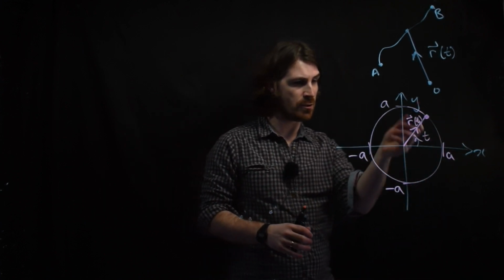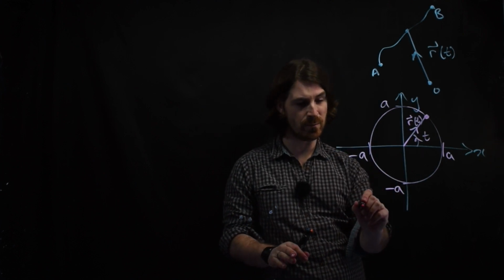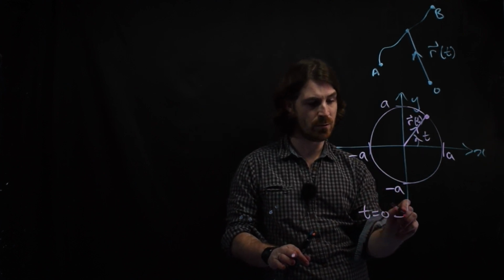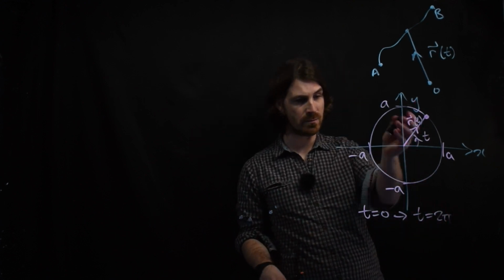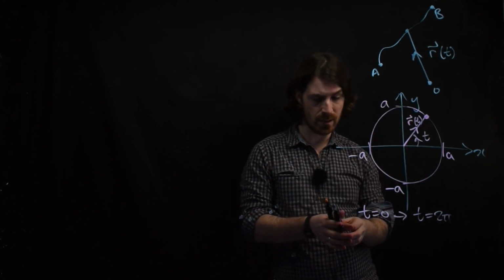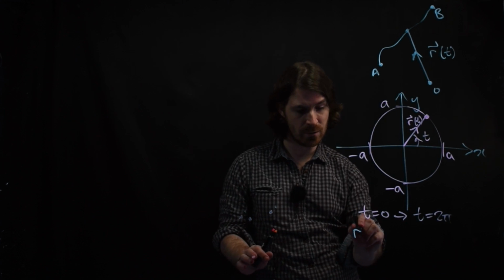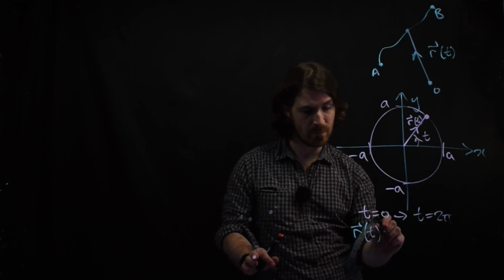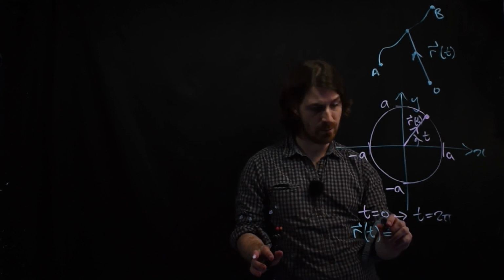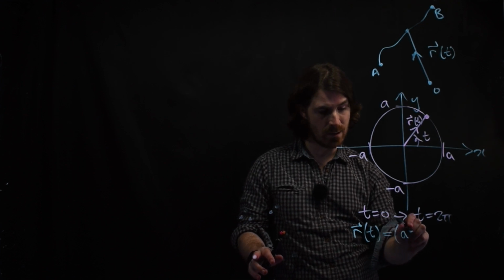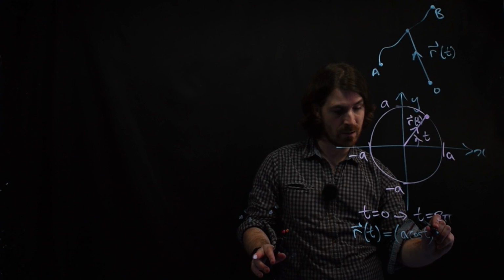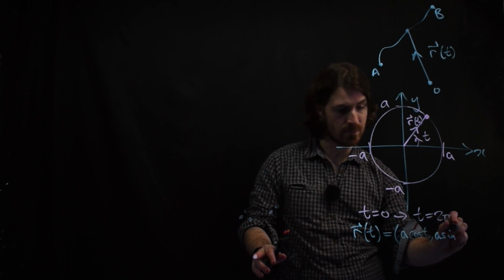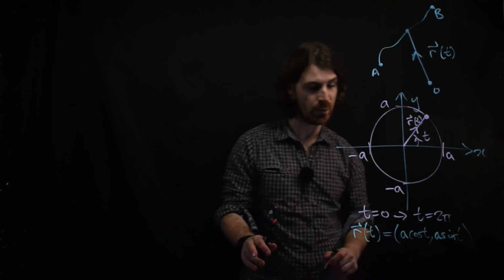To go right the way around the circle, we go from t equals 0 to t equals 2 pi, and that takes us around the circle once. In this case, our r of t was given by a cosine t as the x component, and a sine t for the y component.